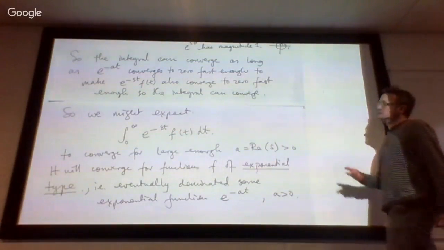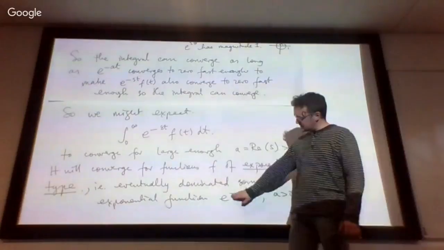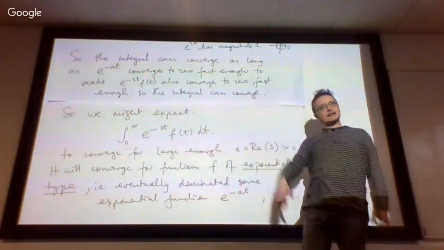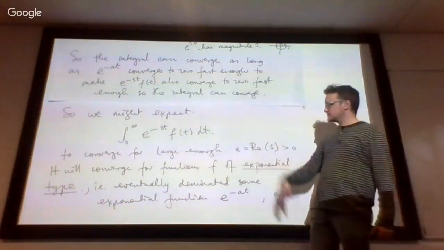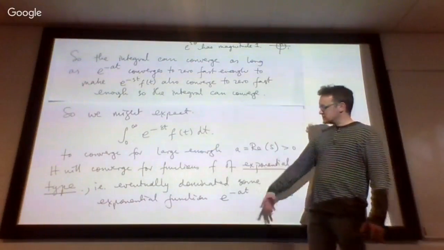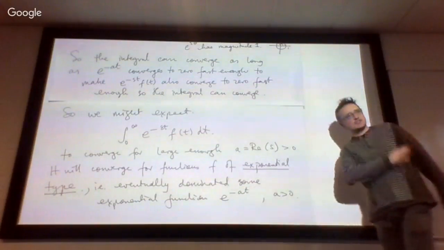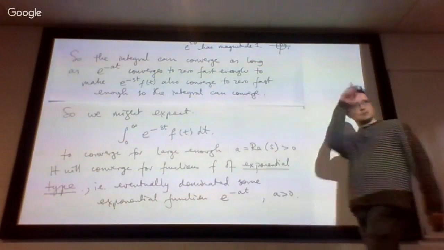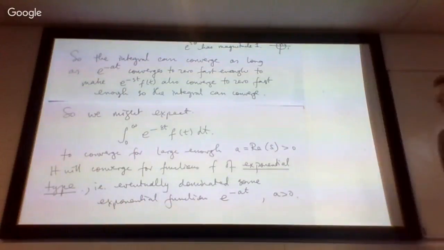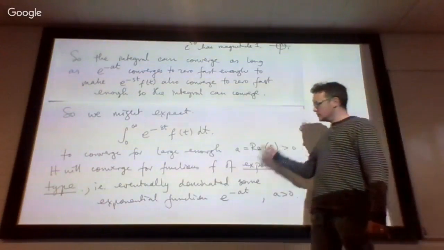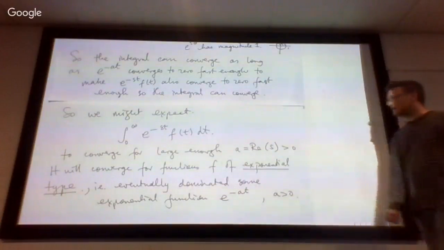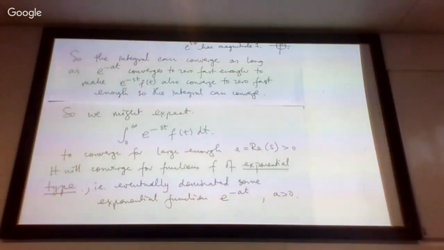Those ones, because remember, the exponential e to the positive at, that grows very fast. Exponential functions grow very fast. And conversely, e to the minus at converges to 0 very fast. Remember, e to the minus at is 1 over e to the at. So there will be a large class of functions f, those that are eventually dominated by some exponential function.